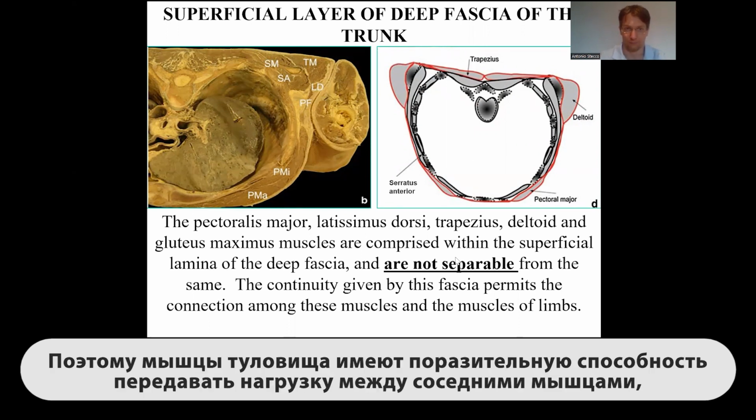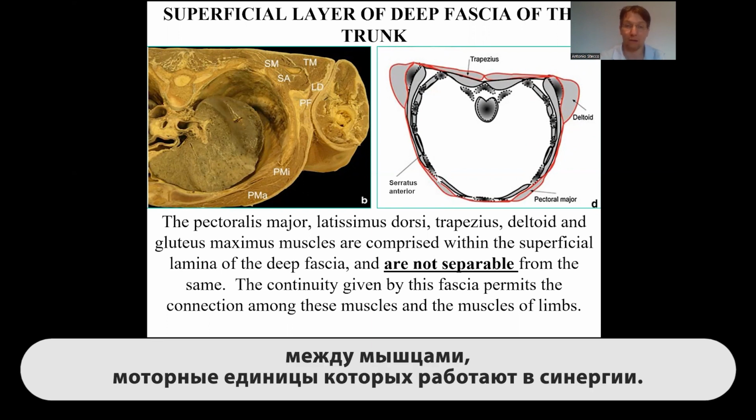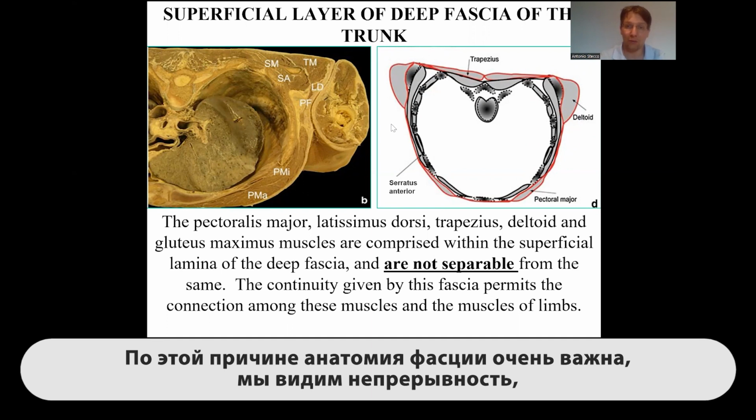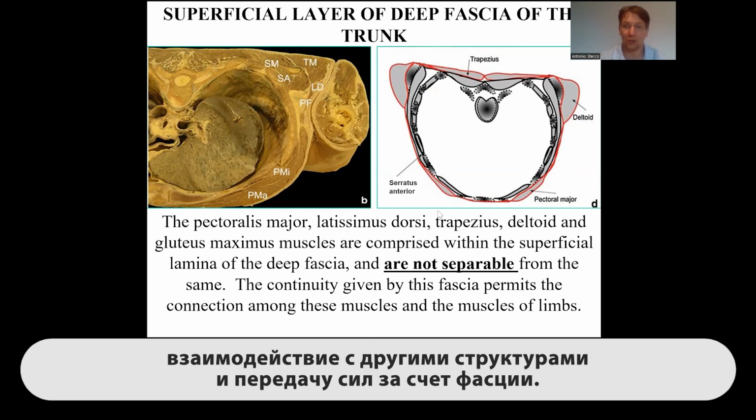So the deep fascia in the trunk has the amazing capacity to transmit force between neighboring muscles that have motor units that work together in synergy. For this reason, the anatomy of fascia is very important, because you can see the continuity, the relationships, the load transmission that we have in the body.